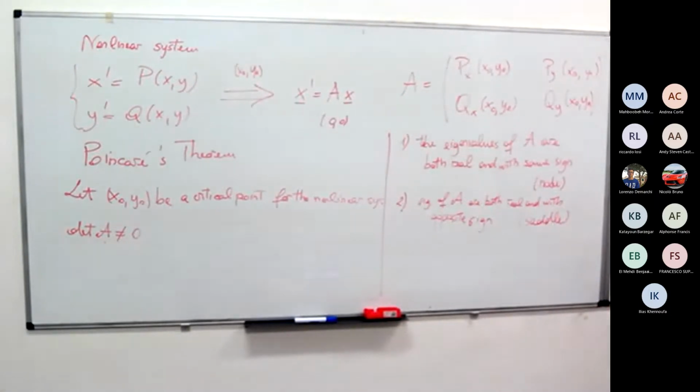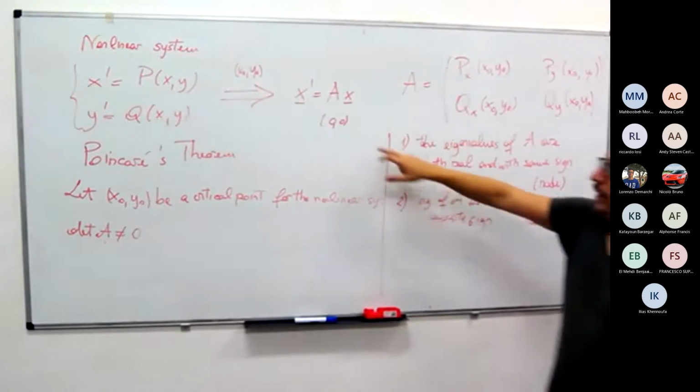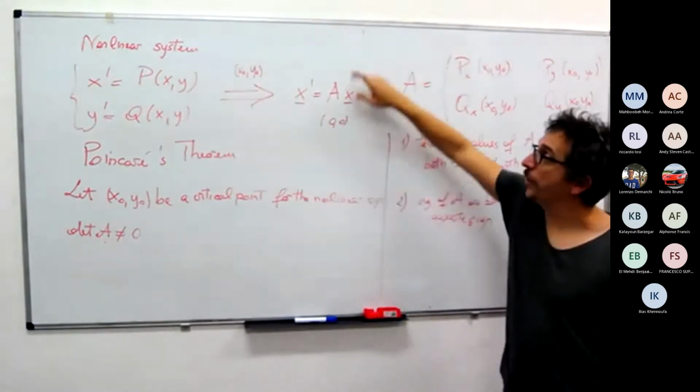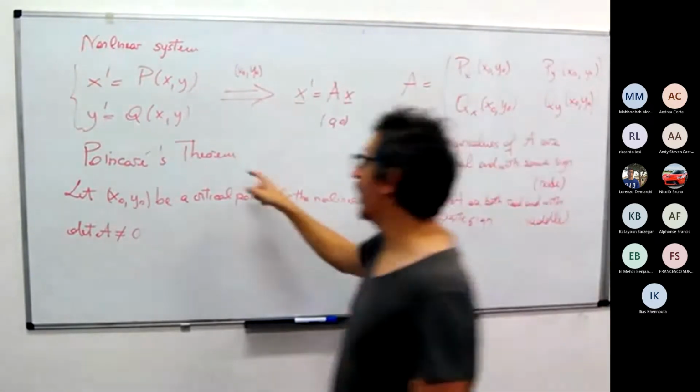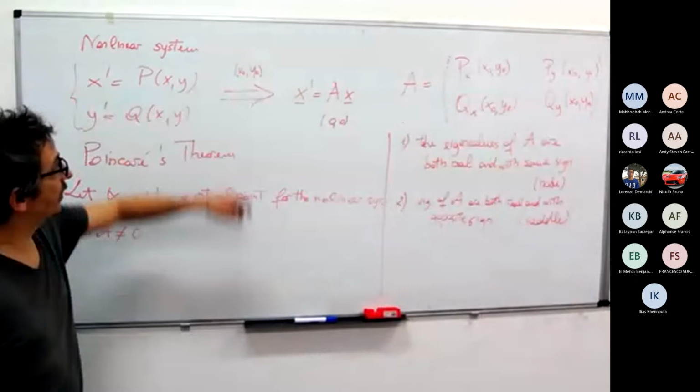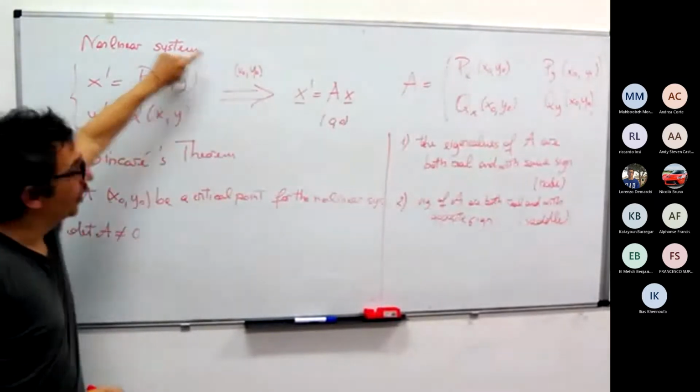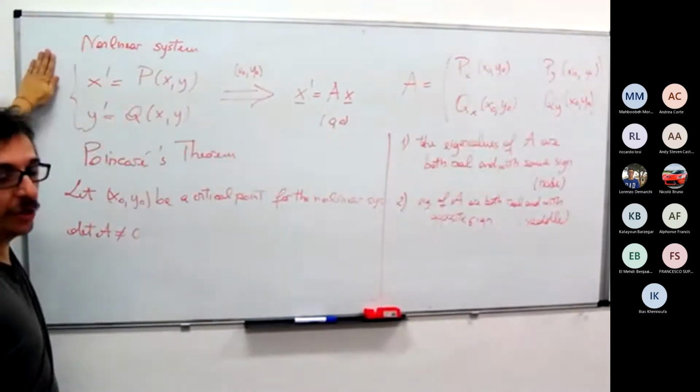So again, what does this mean? That 0, 0, the critical point of the linear system, in this case, is a saddle. But then Poincaré's theorem tells me that X naught Y naught is a saddle for the nonlinear system.